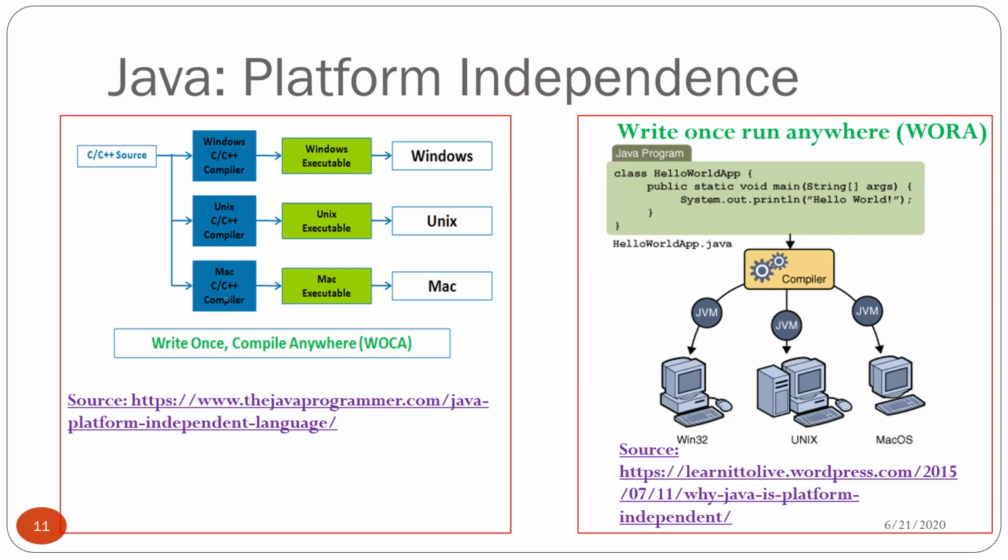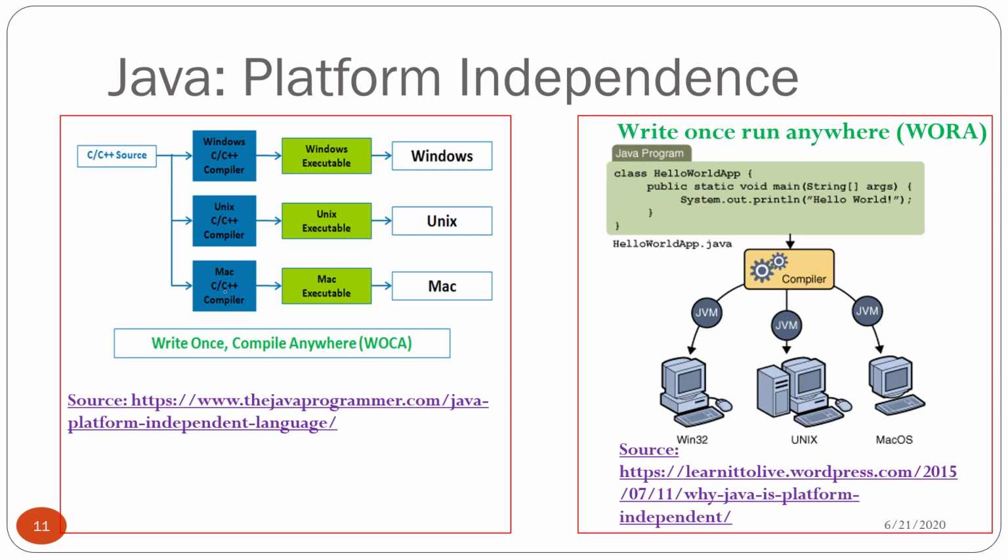Now, all these machines will have their own compiler. So you'll have a C or C++ compiler which is made for Windows. You have a C or C++ compiler which is made specifically for Unix, and then you have one specifically for Mac.